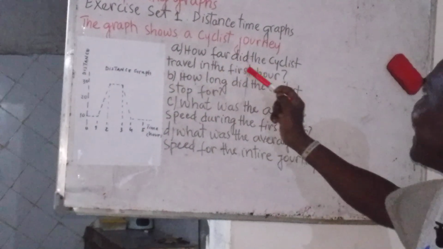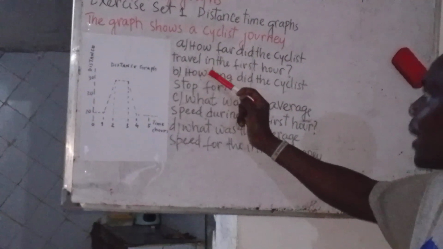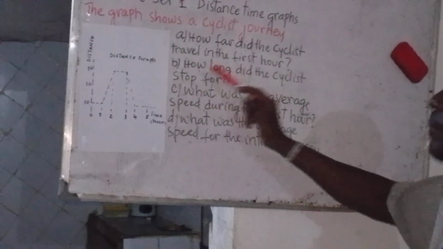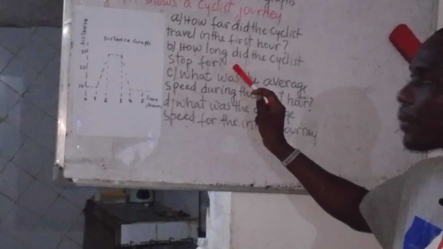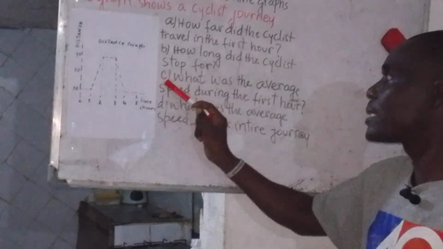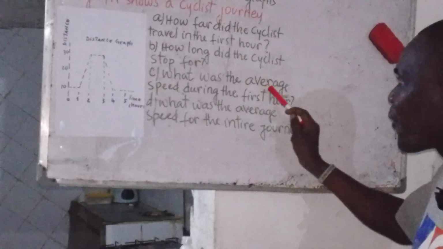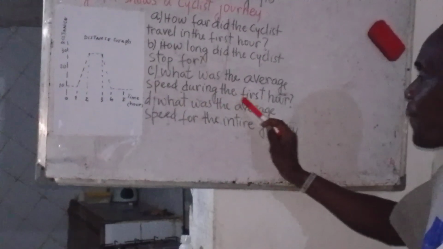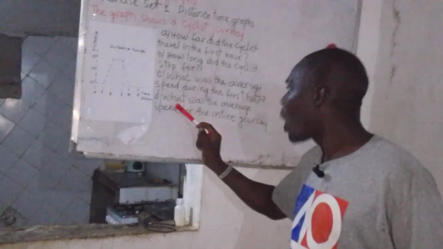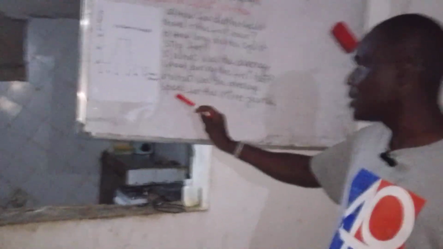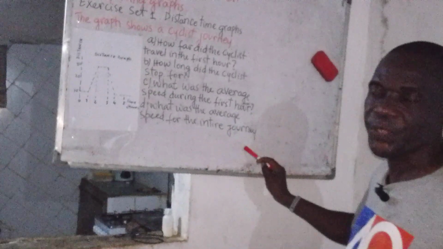Line A: how far did the cyclist travel in the first hour? Line B: how long did the cyclist stop for? Line C: what was the average speed during the first hour? And line D: what was the average speed for the entire journey?